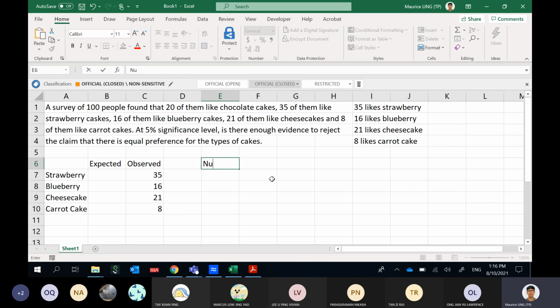What is the null hypothesis here? Based on the question, what is the null hypothesis? So, correct, yeah, equal preference of cakes. Alternate hypothesis? Unequal preference.